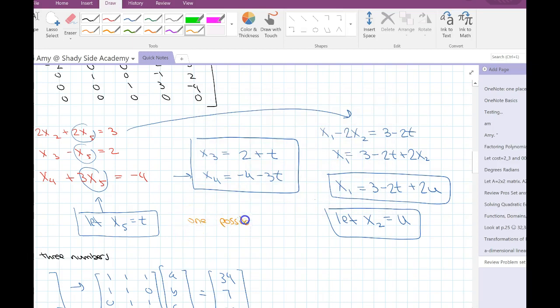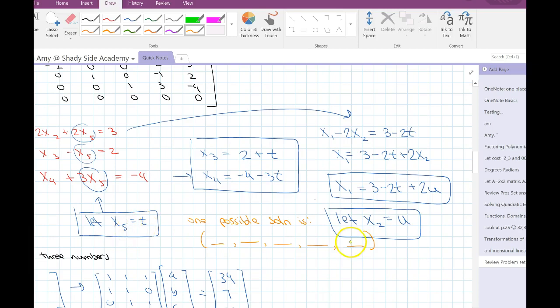I can let t and u be anything. It's going to be an ordered 5 tuple. This is not an ordered pair, not an ordered triple, it's an ordered 5 tuple. Yes, it's called a 5 tuple.